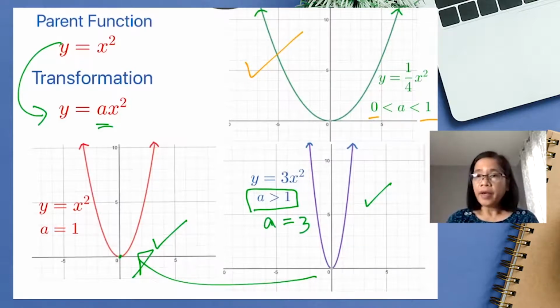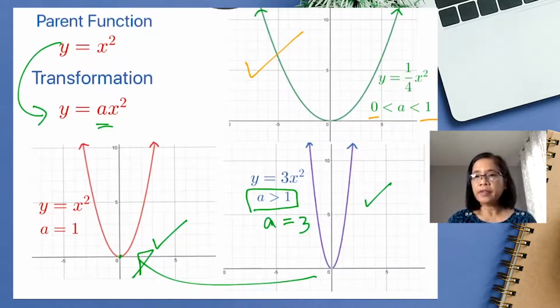To summarize, the value of a affects the width of the opening of the parabola. The bigger the value of a in terms of absolute value, the narrower it is, and the smaller it becomes, the wider the opening of the parabola is.